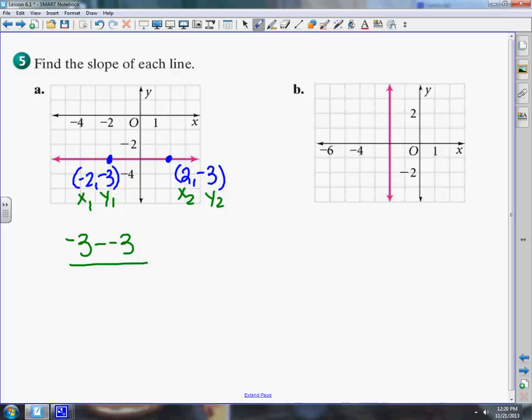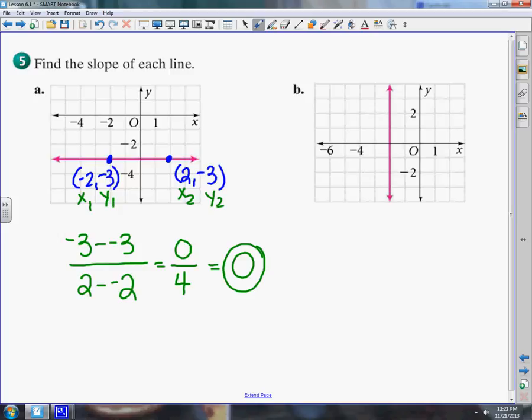And x2 is 2 minus -2. So -3 plus 3 is 0, and 2 plus 2 is 4. So now, if I have 0 over 4, my slope is just 0. It has no slope because it's a straight line. It's like walking on a straight, completely flat surface that has no slope. You're not walking uphill, you're not walking downhill, you're just walking straight. So it's a slope of 0.